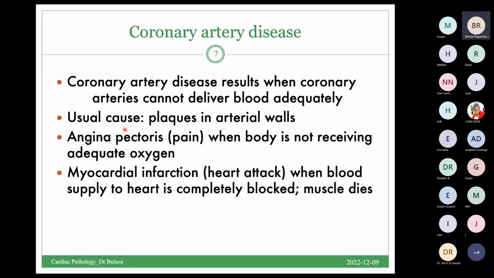So myocardial infarction is when the angina pectoris has been there for a long time, for more than 20 minutes. The heart muscle cells will no longer be able to come back to life. So they will die. So this is myocardial infarction or necrosis, what is called a heart attack in outside terms.